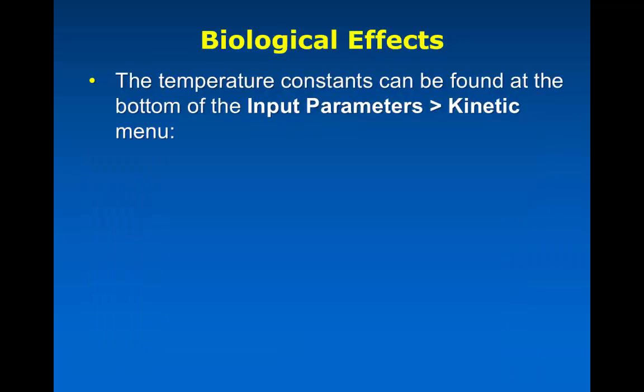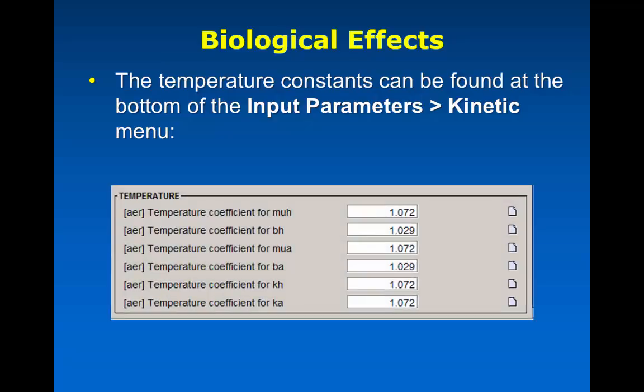The temperature kinetics, the ones that tell us how sensitive those parameters are to temperature, which is the theta value in the Arrhenius equation that I showed you earlier. These are found at the very bottom of that kinetic menu. So the variables for 20 degrees are at the top. These variables will be found down here at the bottom, and they're shown by their cryptic variable name.